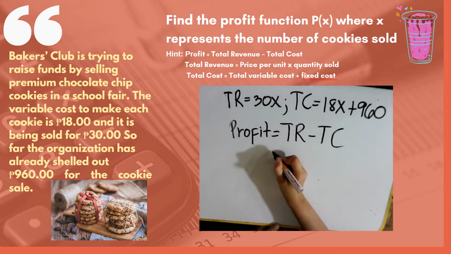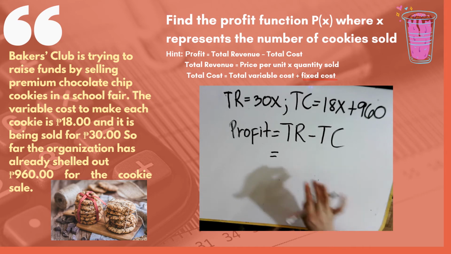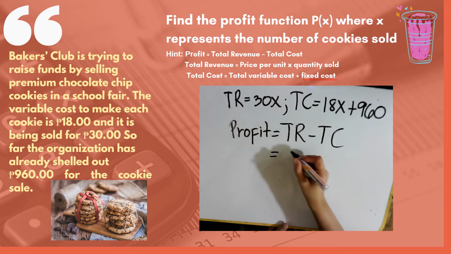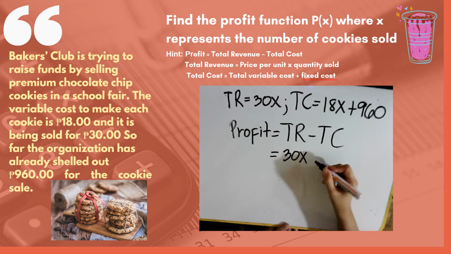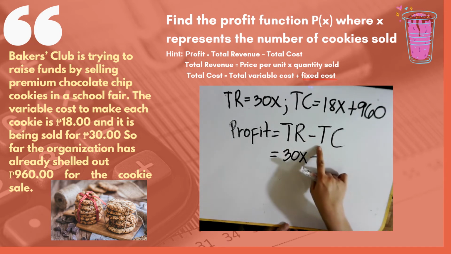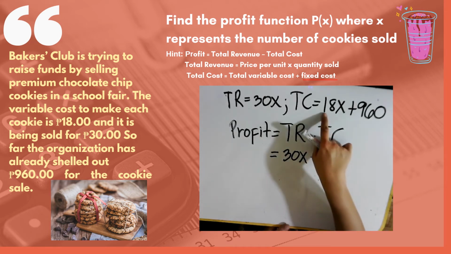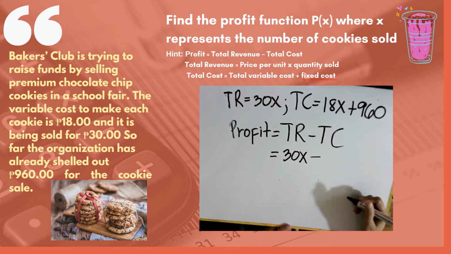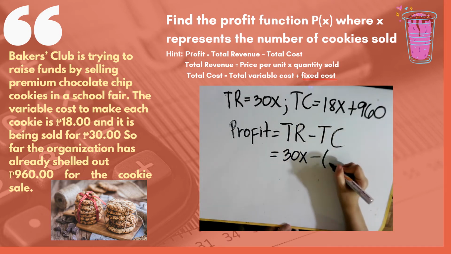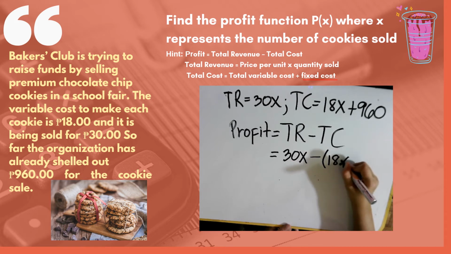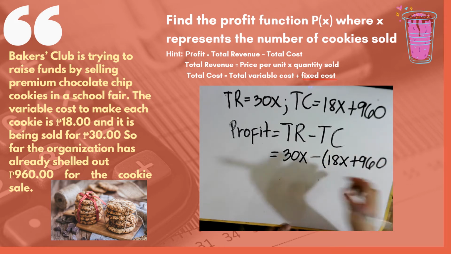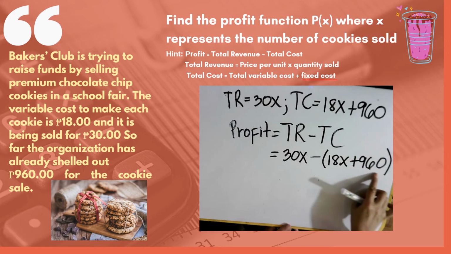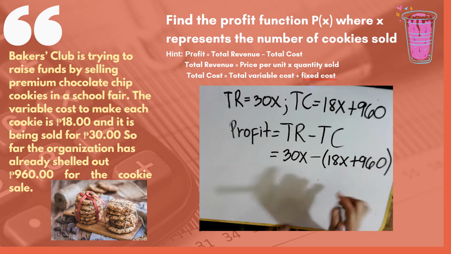So, i-substitute na natin. Ang ating total revenue ay 30x minus ang ating total cost ay 18x plus 960. Wag nating kakalimutan na ilagay sa loob ng parenthesis dahil subtraction yan, magbabago po ang sign ng mga nasa loob na terms.